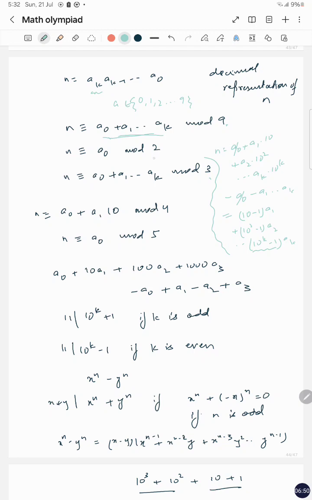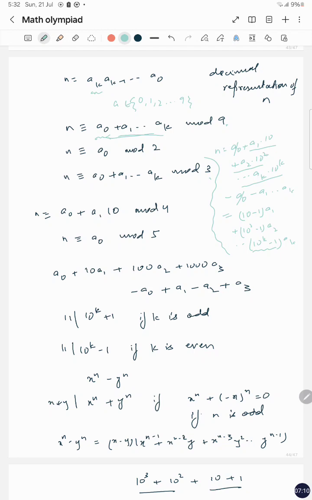And for divisibility by 2, we just have to look at the units digit, because N minus A0 is this, and each of them, 2 divides 10, 2 divides 100, 2 divides 10 to the power k, so 2 divides the entire thing.